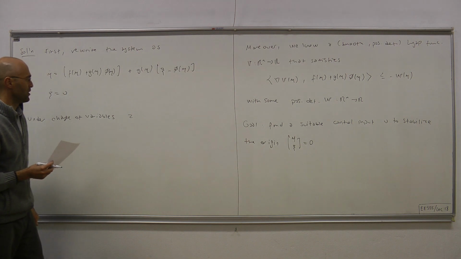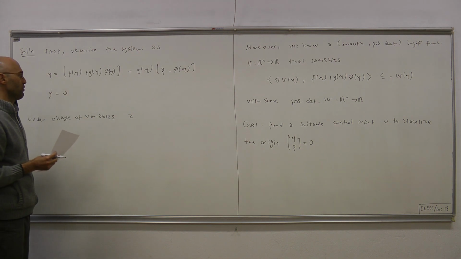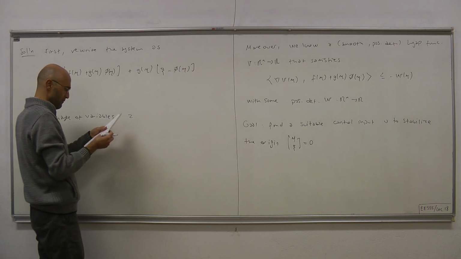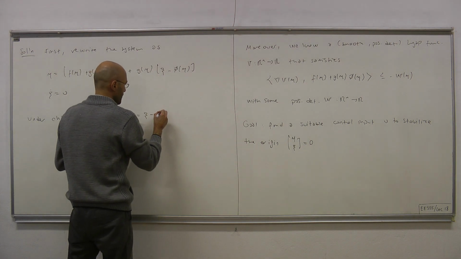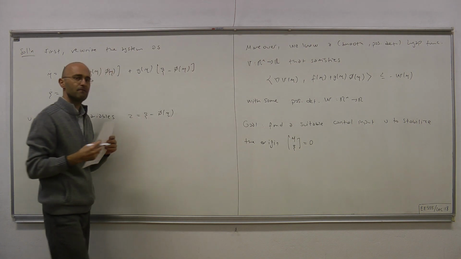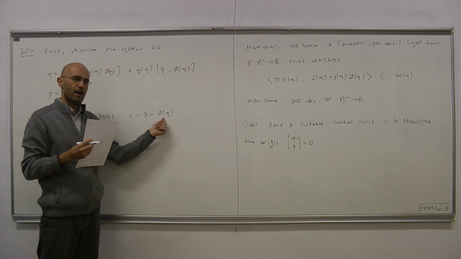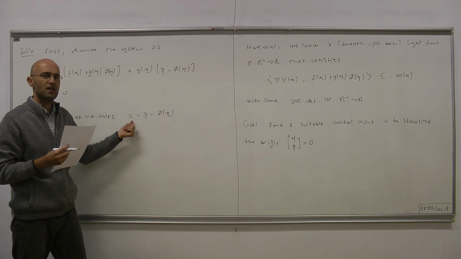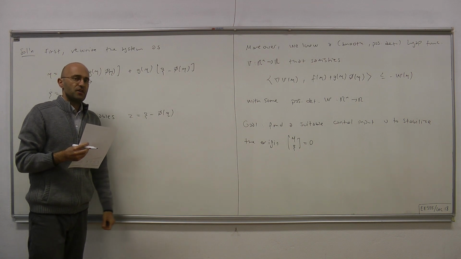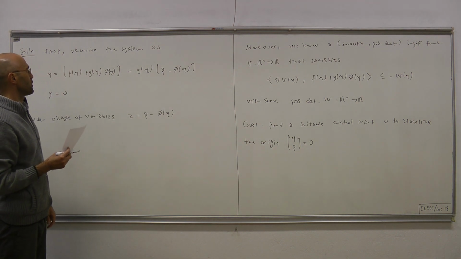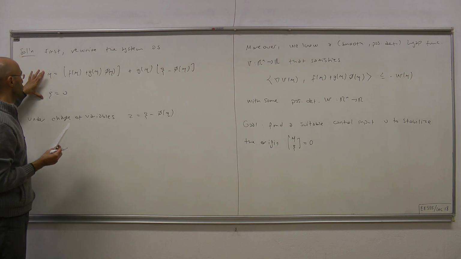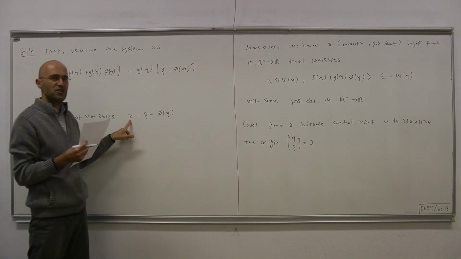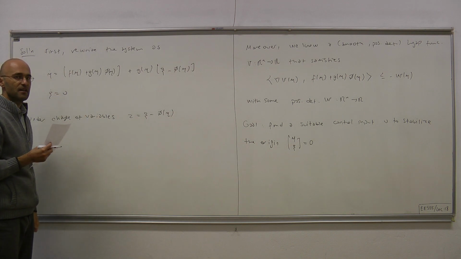So the transformation is valid in both directions. And the new coordinate that we define is z equals xi minus phi(eta). This is scalar, phi(eta) is scalar. Therefore, z is our new state variable, which is scalar. Now, what we're going to do is rewrite the original system in terms of eta and z instead of eta and xi.